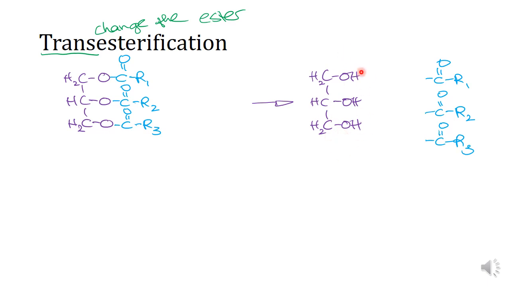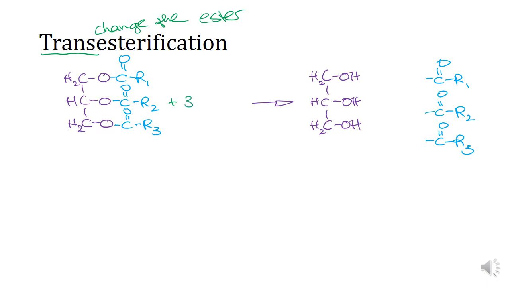So you can see that my glycerol is effectively an alcohol molecule. It's actually a polyol. Is that a thing? I don't know. It's 3 alcohol groups on a molecule. So I just need to make sure that when I'm adding something, that it has that hydroxyl group.